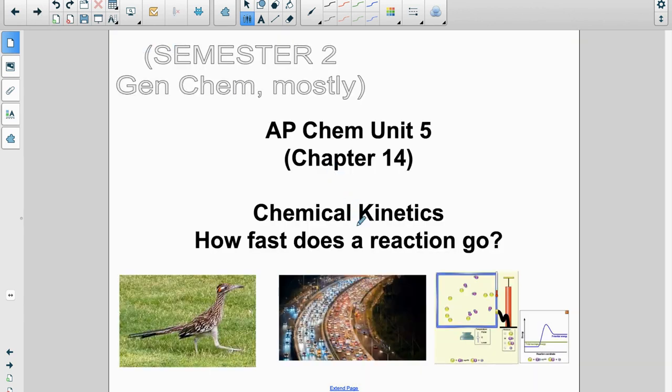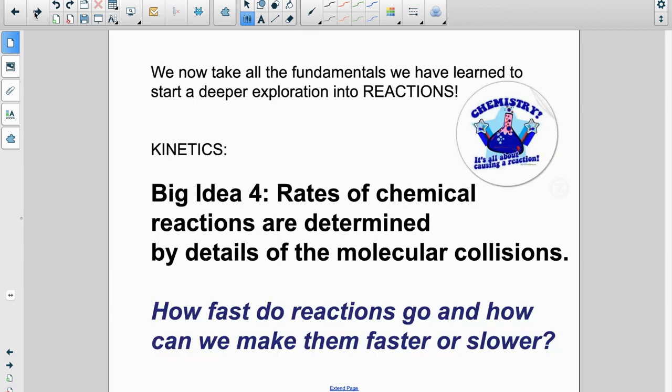Basically, kinetics is about how fast a reaction goes. Here are some things that can go pretty fast: a road runner, traffic on a highway, and molecules. In fact, molecules go the fastest of all of these, especially gas molecules. Now we're going to go deeper into reactions. We've finished the fundamentals, and now we are going to look at some details of chemical reactions.